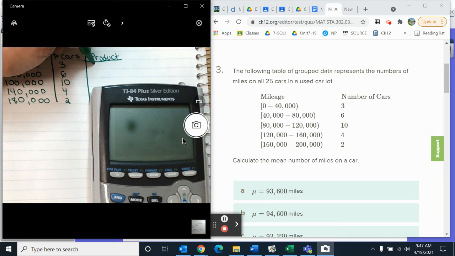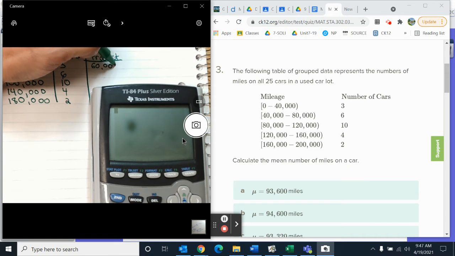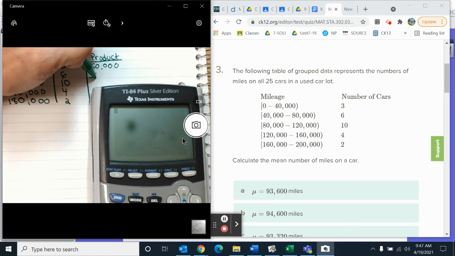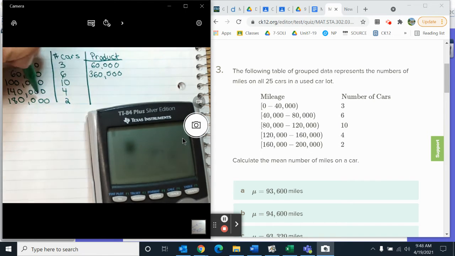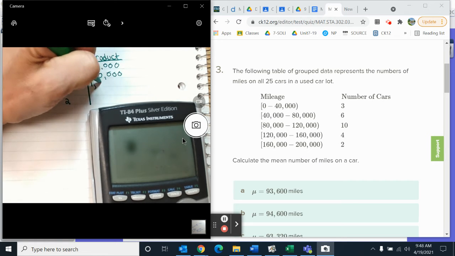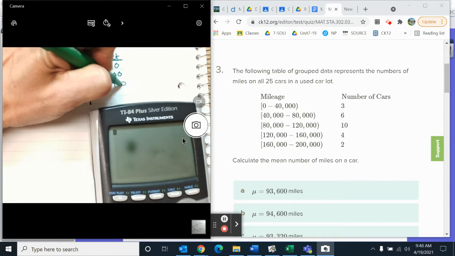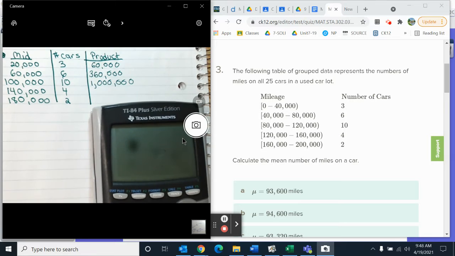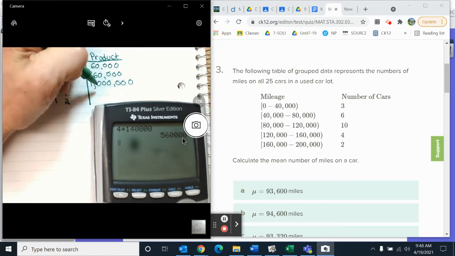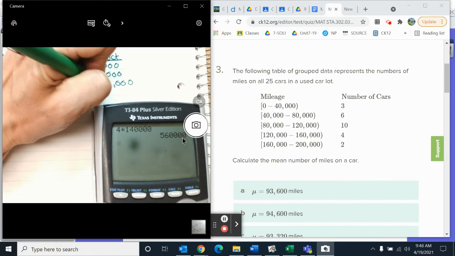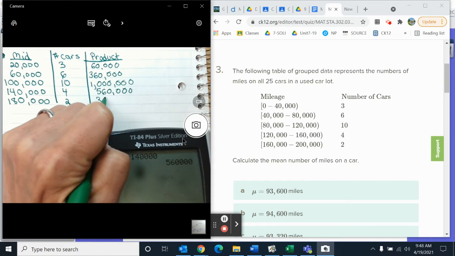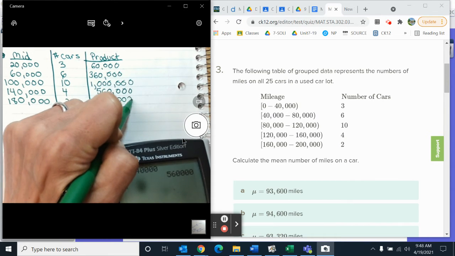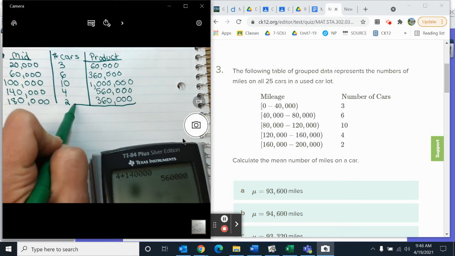We know this one is 60,000. This will be 360,000. This will be 1 million. And this will be 560,000. And lastly, 360,000.